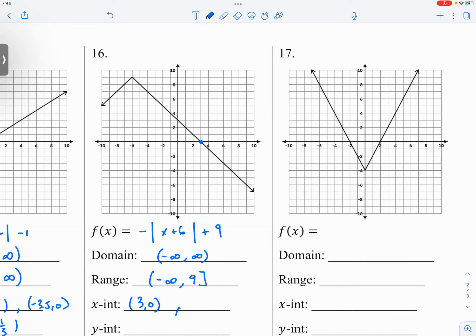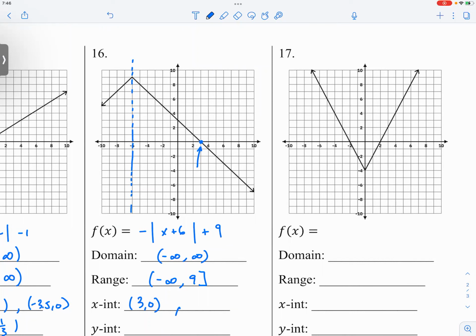And earlier I mentioned that all absolute value graphs are what? Symmetrical, right? So you have the axis of symmetry right here, which is at x equals -6. And then you've got the x-intercept right here, which is how many units away? You have 6 units to the origin, and then 3 more units to the x-intercept, so 9 units away, right?